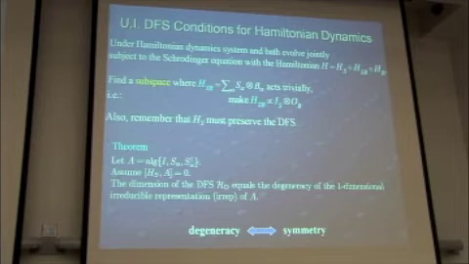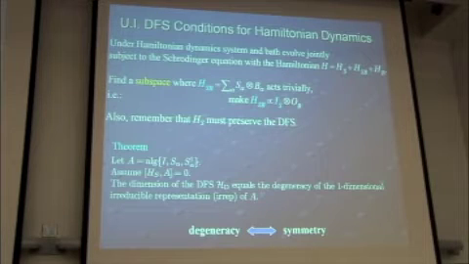here's a theorem that's slightly more useful than the previous ones. This is now constructive. This tells us, given the system-bath Hamiltonian, what it is that we need to do in order to identify the DFS. And it says the following. Consider the algebra generated by the system operators. By the algebra generated, I mean just take these S's, take their Hermitian conjugates, throw in an identity, mix it all up, create polynomials in these operators.